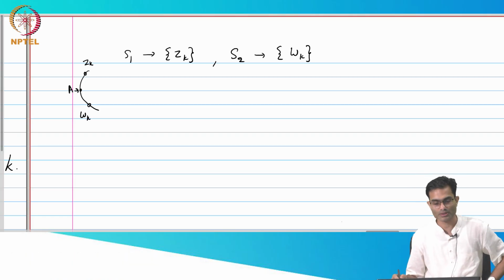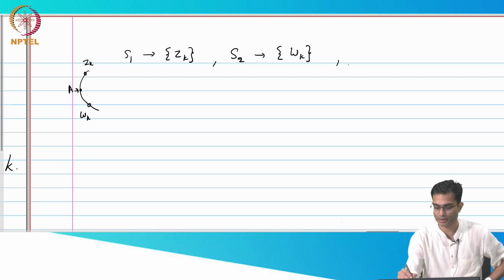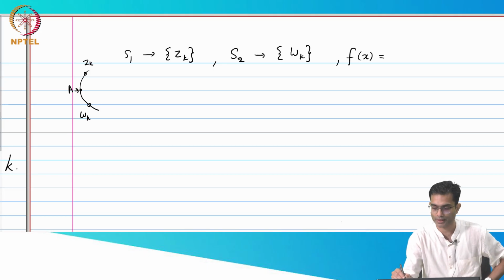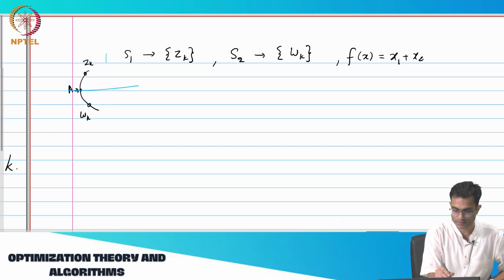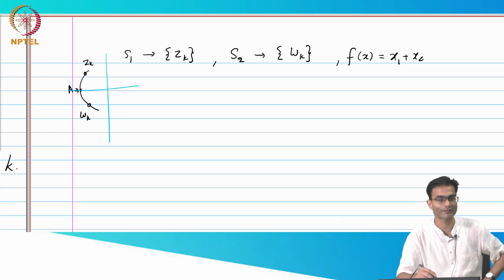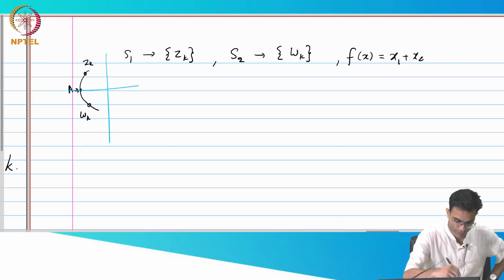To check increasing or decreasing, the objective function I need to take into account is x1 plus x2, and the contours of constant f are like this.